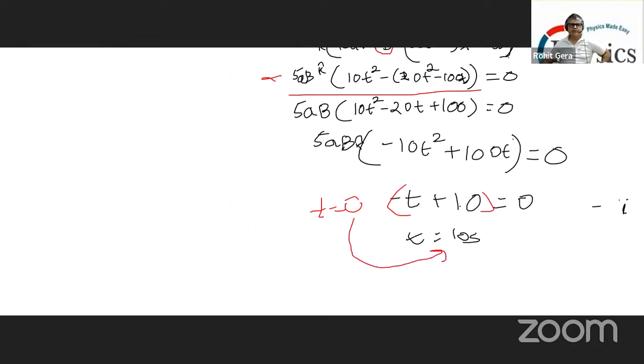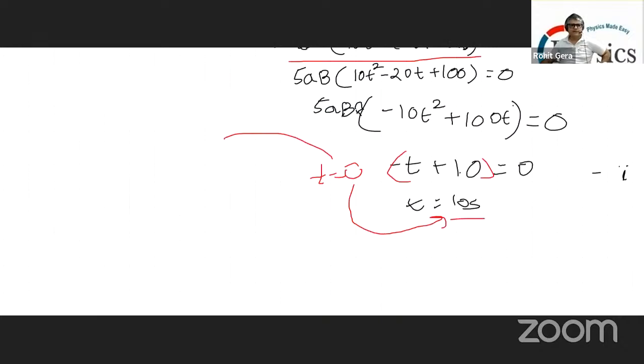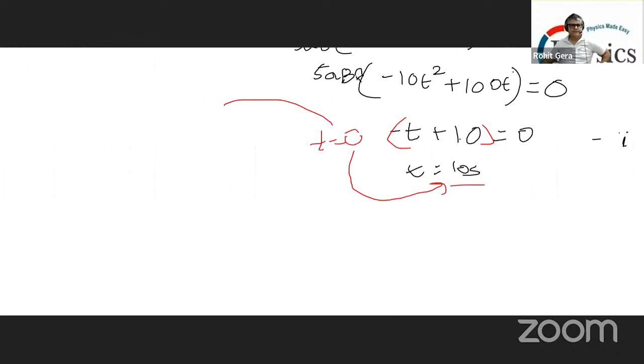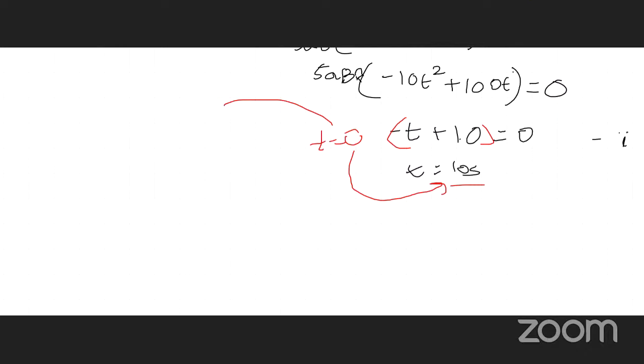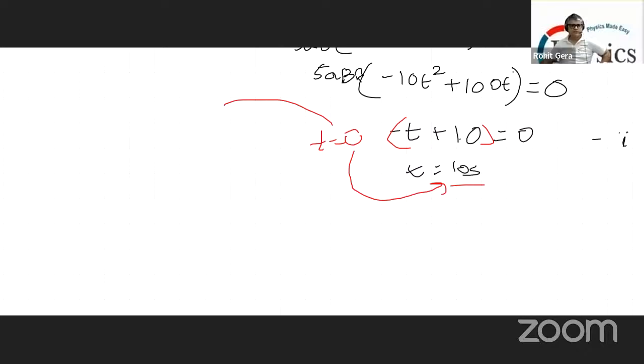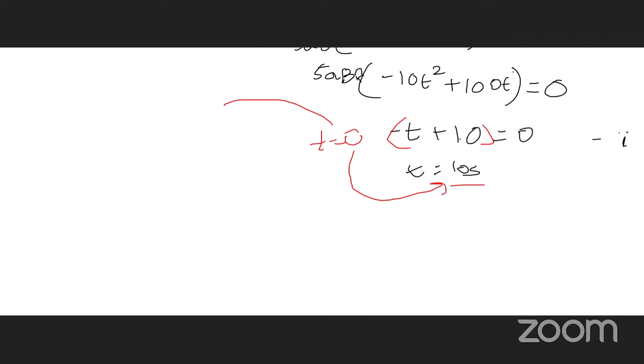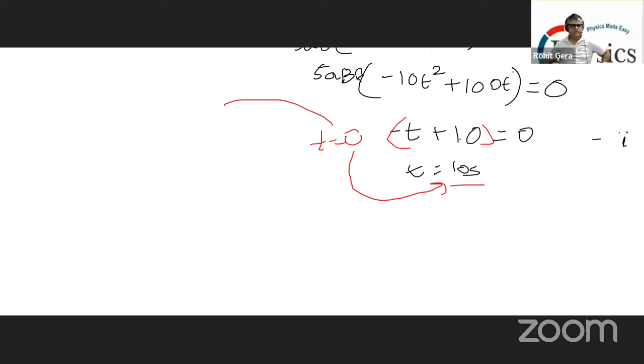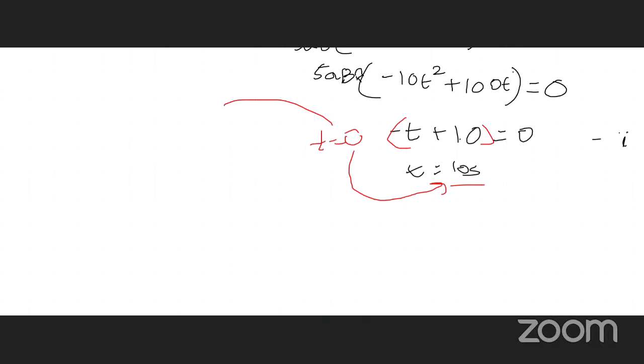So angular momentum actually becomes equal to 0 at two places: at t equal to 0 and t equal to 10 seconds. Calculation mistakes were happening again and again. Okay, sir.